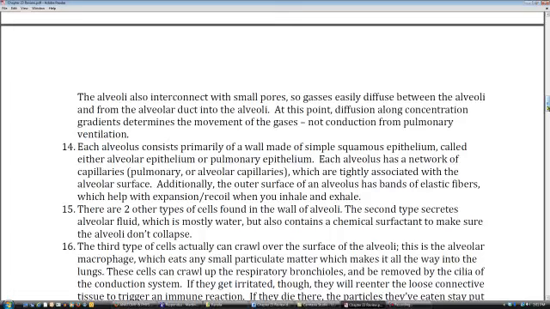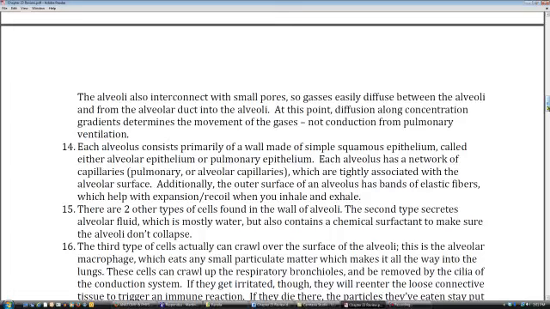Additionally, the outer surface of each alveolus has a band of elastic fibers. Alveoli do expand when you inhale and recoil when you exhale, and that helps change the pressures in each alveolus, but there's really not a wholesale movement of air in and out.